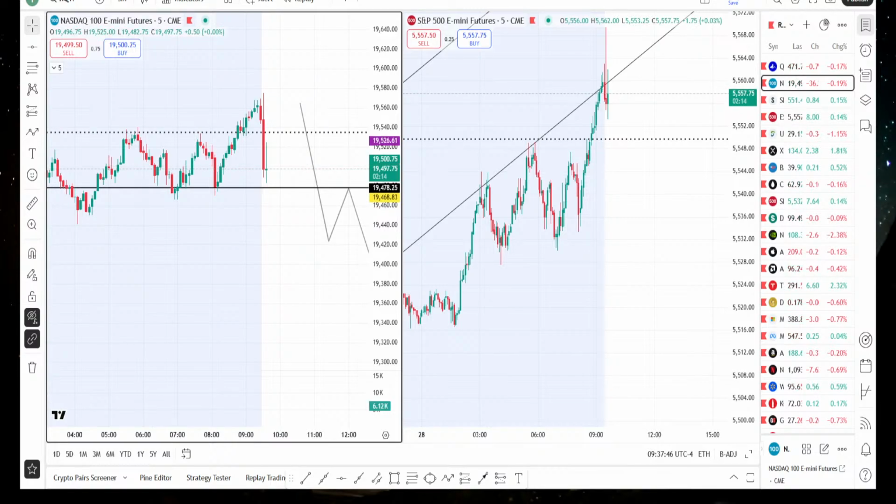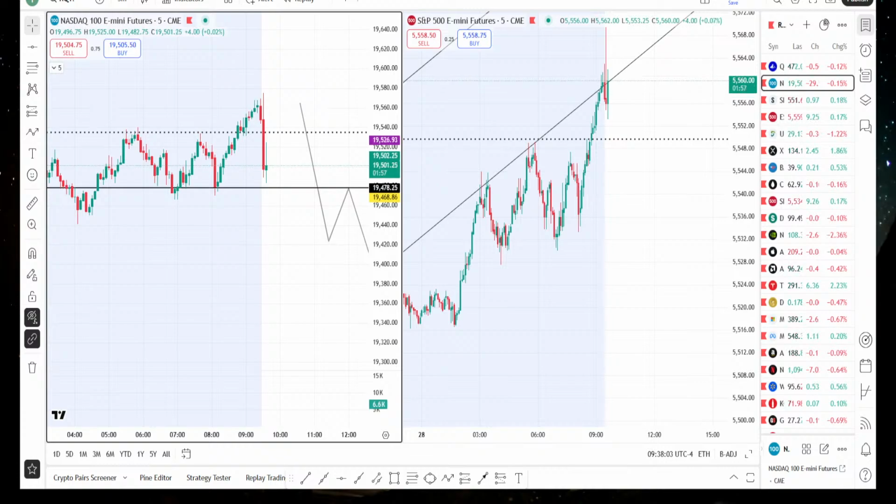Yes, sir. Let's make some money by being patient. We're gonna lead with searching for great setups, A plus setups, man. That's how we get to the money.